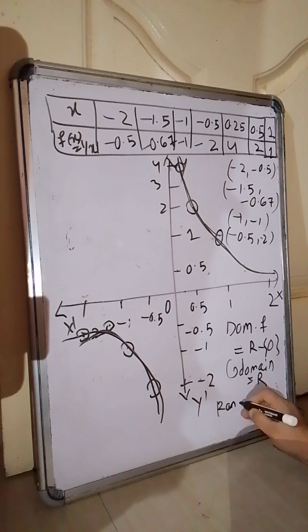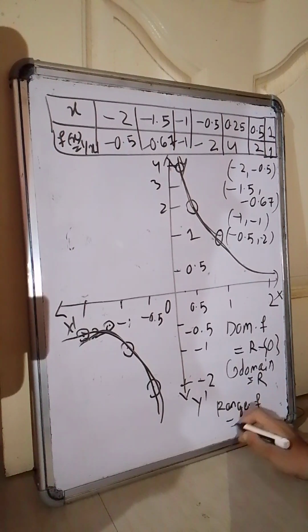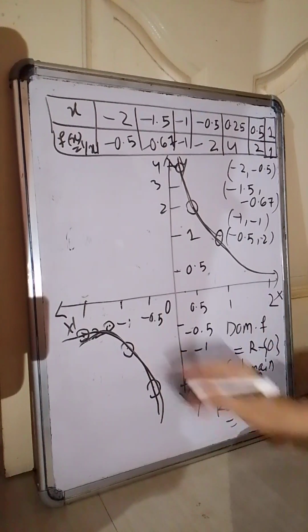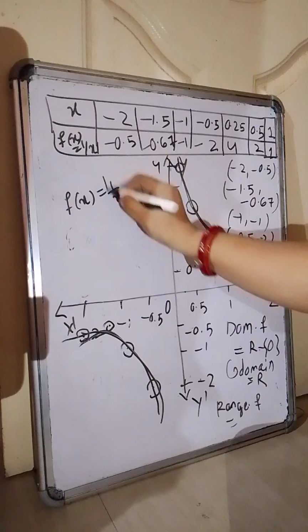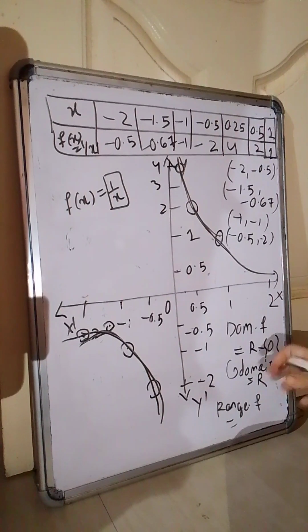Now if you want to find the range of the function, what is the range? Range will be all values excluding 0. It cannot be 0 because f of x equals 1 by x, so this value can never be 0. It will be 0 only when x is infinite, which we will not consider here.